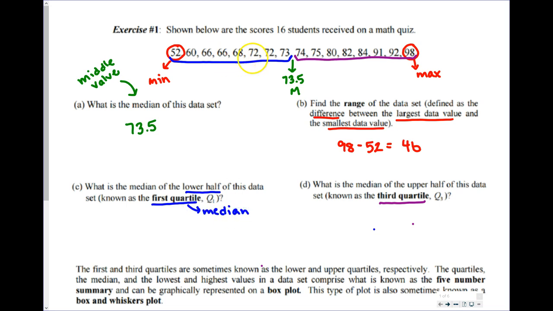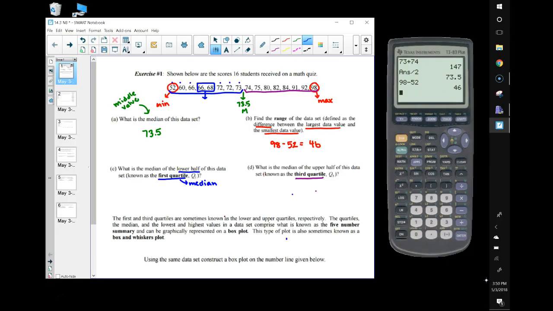So when I look at the blue, I'm going to try and find the median. So 73.52, 72.60, 72.66. Here, the two values right in the middle are this 66 and 68. Now halfway between 66 and 68, you can use your calculator.